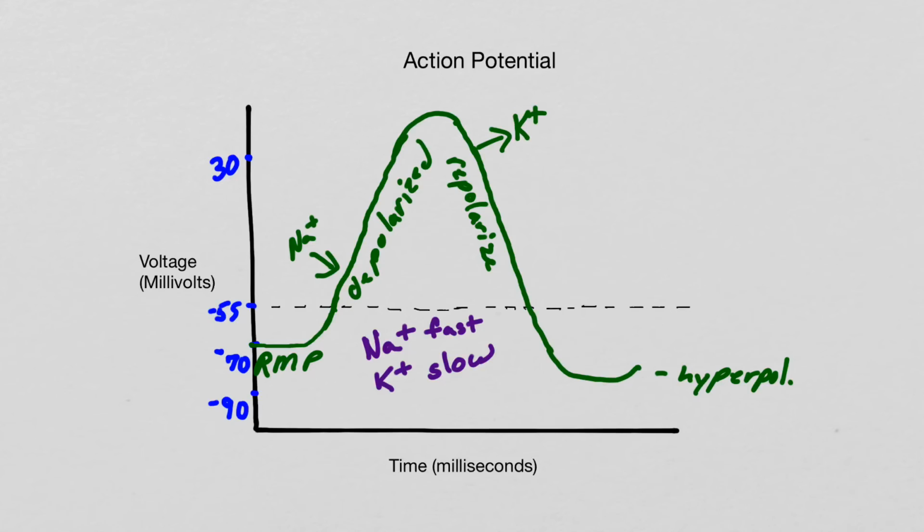Okay, so once we've gotten down in this area, those potassium channels start to close up. And the normal passive ion channels are going to allow resting membrane potential to be re-established. Okay, we're back to resting membrane potential here.